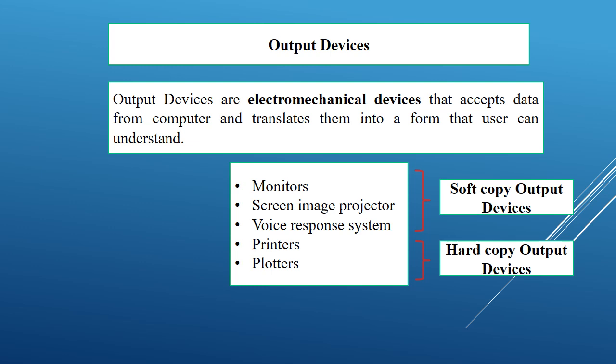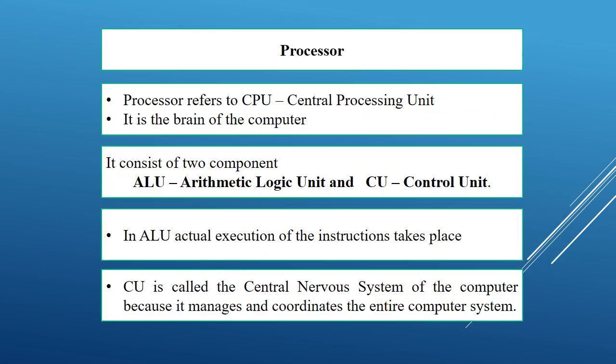These printers and plotters are hard copy output devices, because we can see them in a printed format. In general, we say soft copy output devices are temporary in nature and hard copy output devices are permanent in nature.